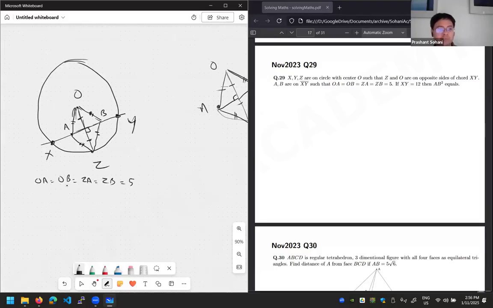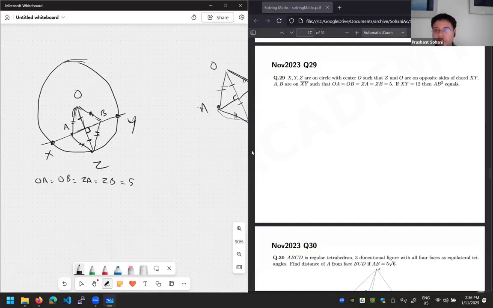And you see, this is how the question paper will try to trick you, that nowhere is it directly given that OAZB is a rhombus, but based on your knowledge and observation, we are deducing that this is a rhombus, and therefore that leads to all these properties, that the diagonals bisect each other, and therefore this AB is the half line between O and Z.